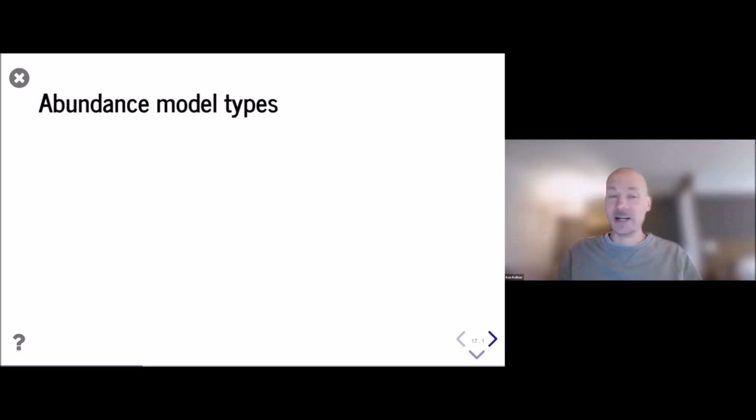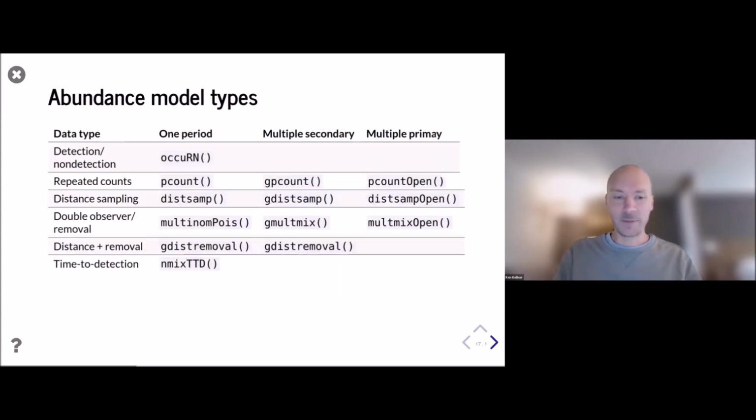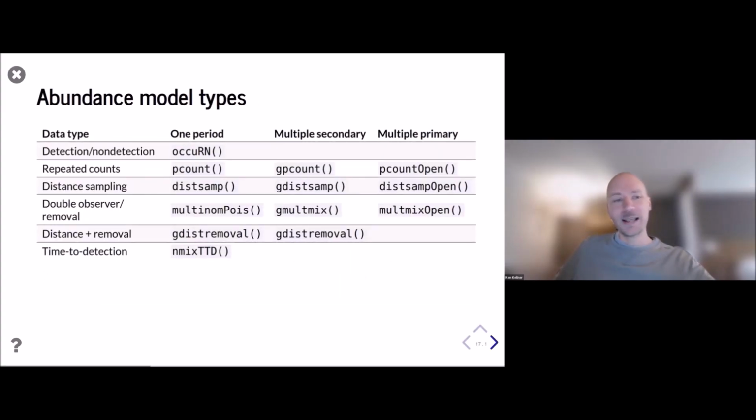So if you're interested in abundance, then here's a similar type of table. And again, there's a bunch of different data types. Once you get into abundance models, then we also have distance sampling and then other multinomial types like double observer or removal sampling. One kind of interesting one that's been added recently is a combination of distance and removal data.